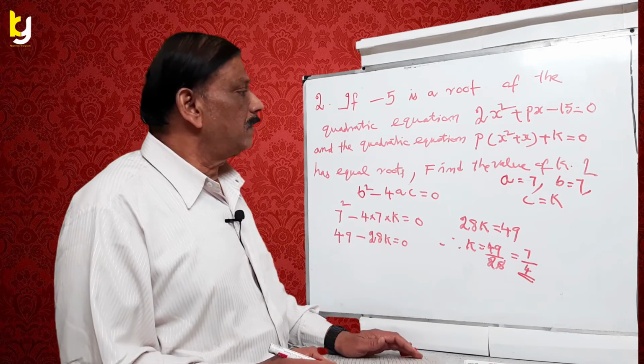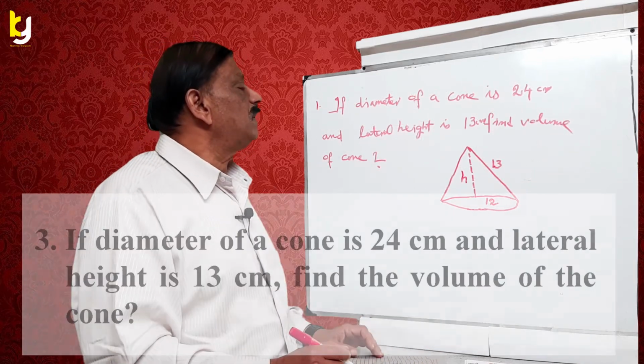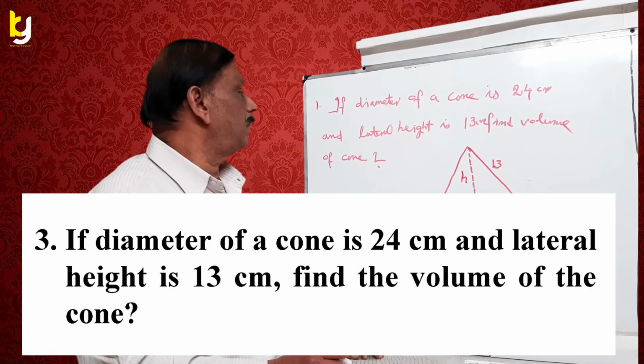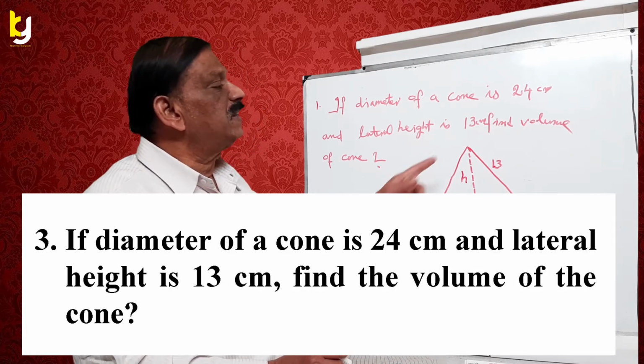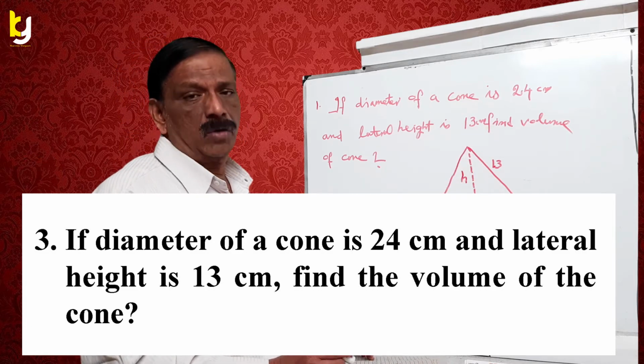Clear? Next question is, if the diameter of a cone is 24 centimeter and lateral height is 13 centimeter, find the volume of the cone.